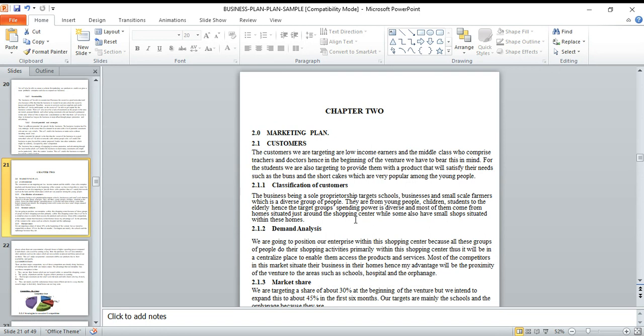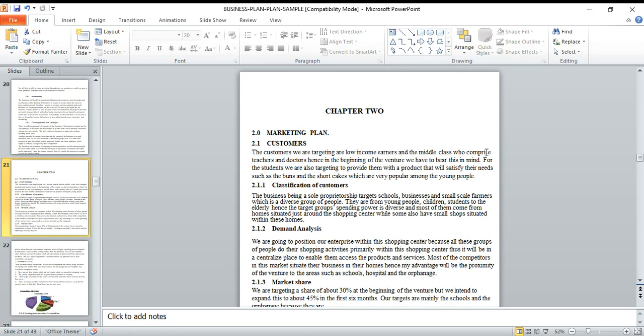The customers we are targeting are low income earners and the middle class who comprise teachers, doctors. Hence, in the beginning of the venture, we have to bear this in mind.